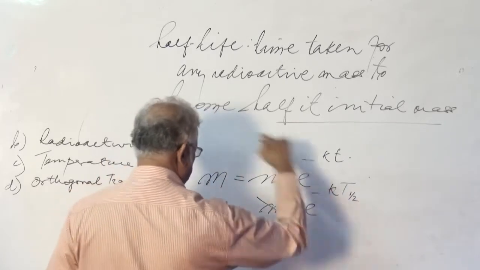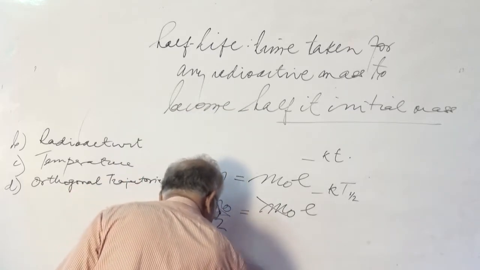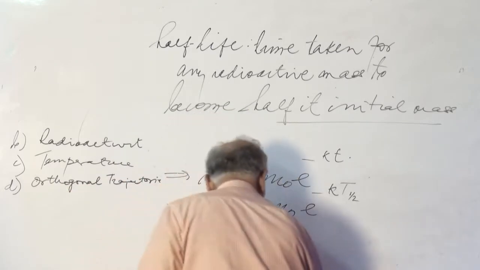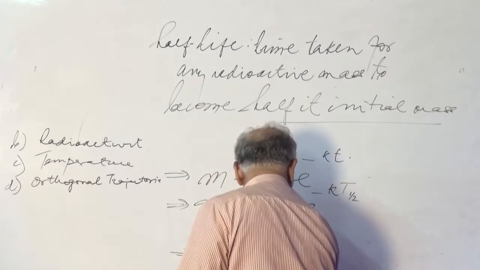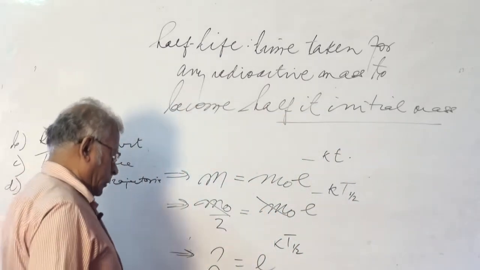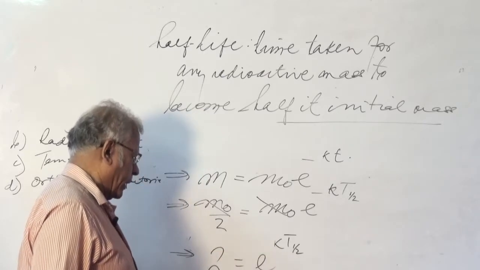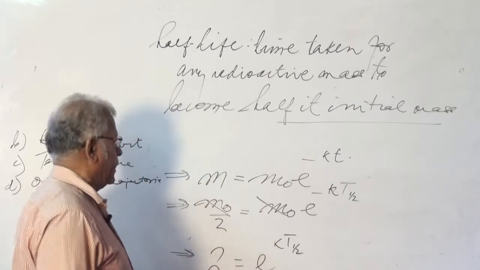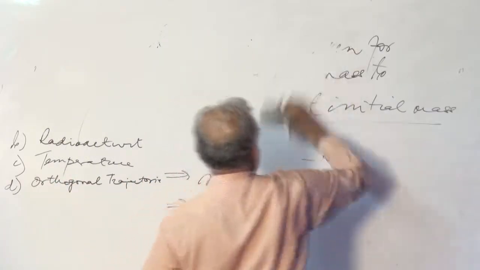That means taking reciprocals of both sides, we can get 2 is equal to e to the power of k t half. So, if you want to get the value of t half, we just take logarithms to the base e on both sides, and we will have a very simple equation.